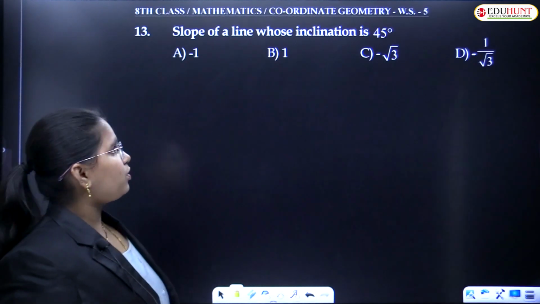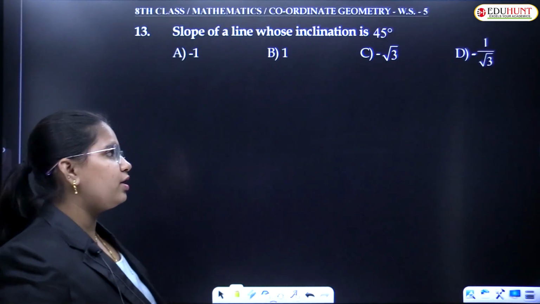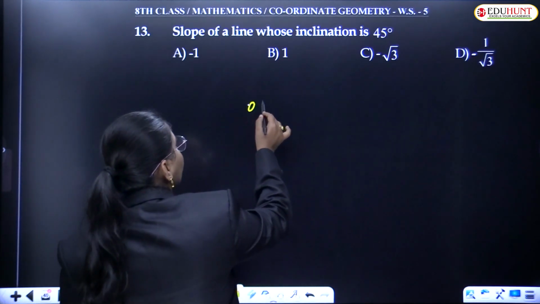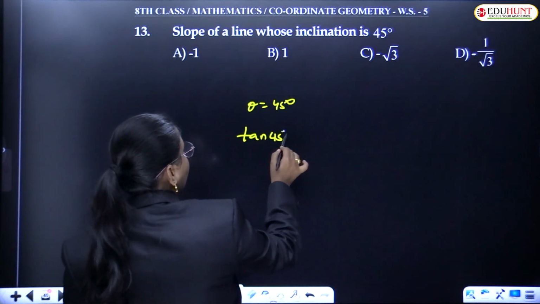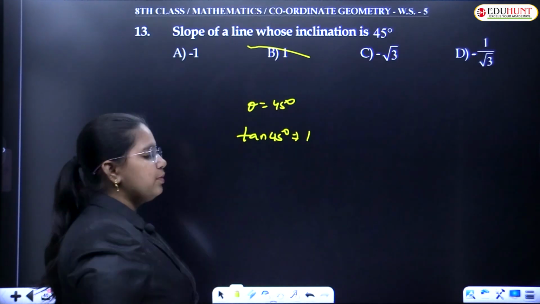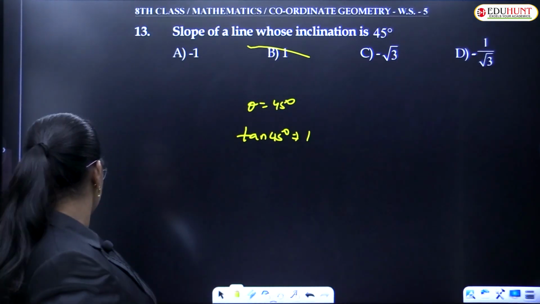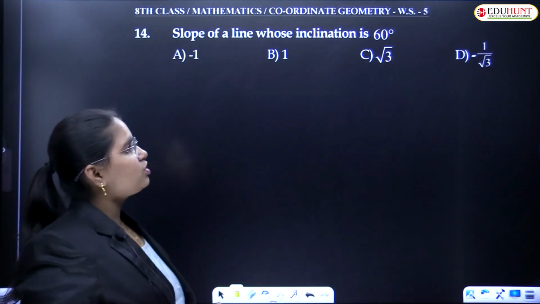Next problem. Slope of a line whose inclination is 45 degrees. So theta is given 45. What is tan 45? Tan 45 degrees is equal to 1. So that means option B will be your answer. Next one. Slope of a line whose inclination is 60 degrees.